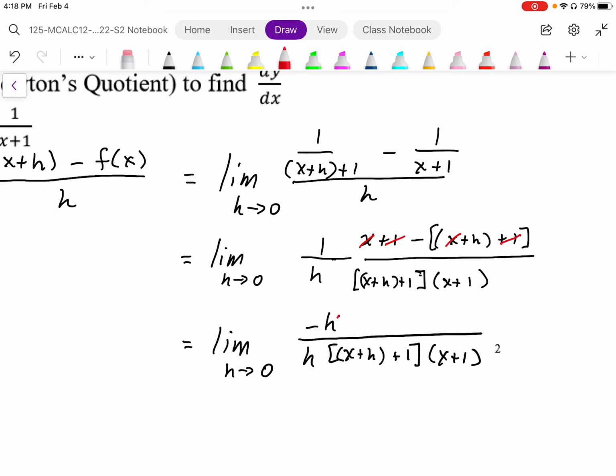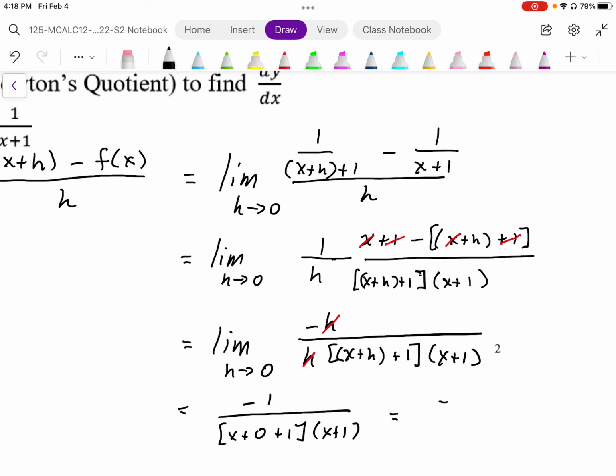And now, because those h's cancel out, I now no longer have the divide by 0. So I can plug in my h value of 0, and I end up with this limit equaling negative 1 over, this becomes x plus 0 plus 1 times x plus 1.